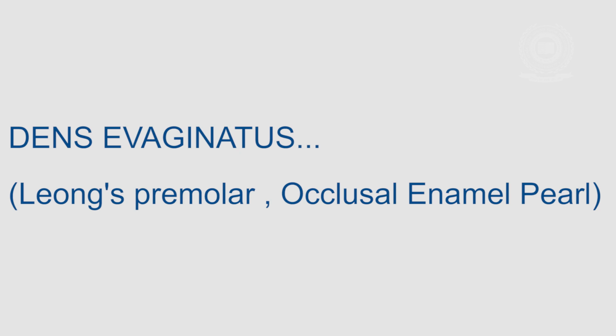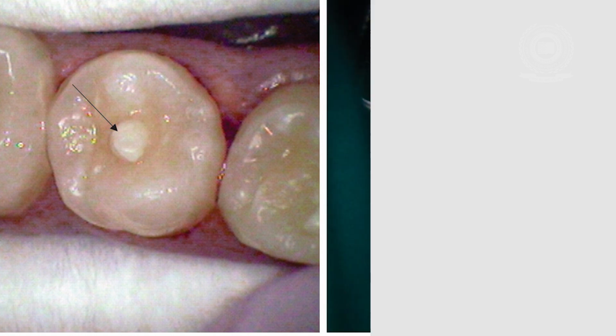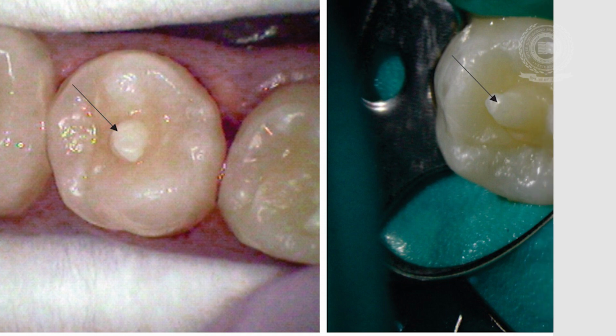Dens evaginatus, also termed as Leong's premolar, is a condition that clinically appears like an accessory cusp or globule of enamel on occlusal surface seen between the buccal and lingual cusp of premolar.